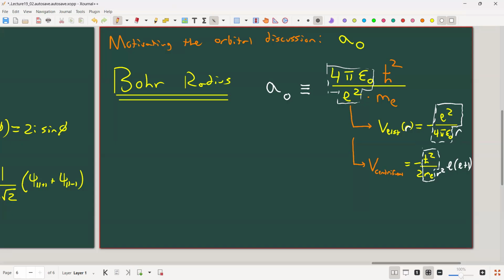Here's our other one. Right? So we have 2 terms. If we look at it roughly, this kind of looks like a ratio of the electrostatic force at fixed r over 2 times the centrifugal force.